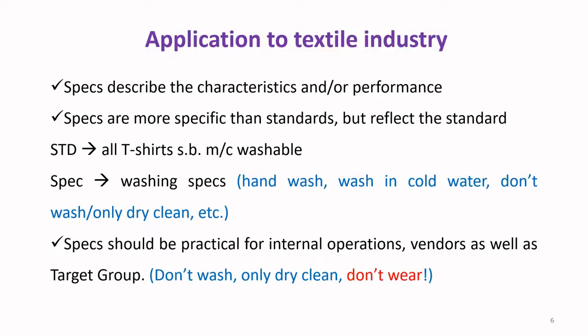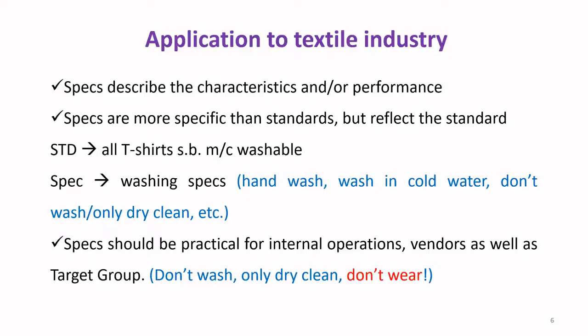And if you are making a garment which cannot be washed, which has to be dry cleaned using only a heavy duty industrial dry cleaning machine, which is not available in all cities of India, then how will the customer get it dry cleaned?